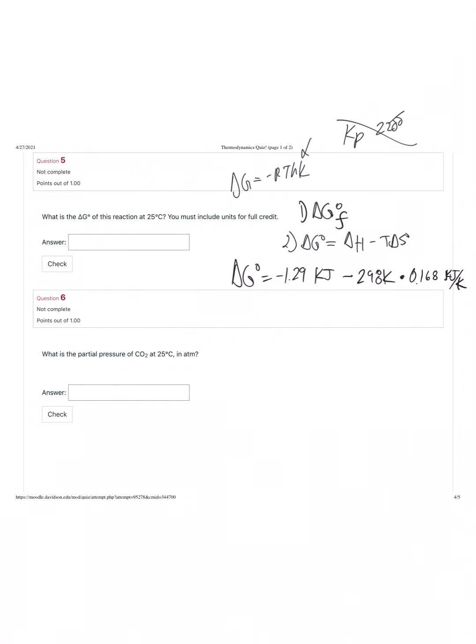Our entropy values, if you look them up in the back of the book, are reported in joules, not kilojoules, so you have to convert. If we carry this out, we get negative 1.29 kilojoules minus 49.95 kilojoules.